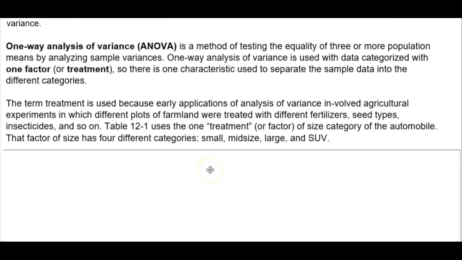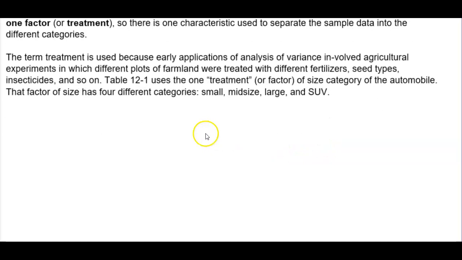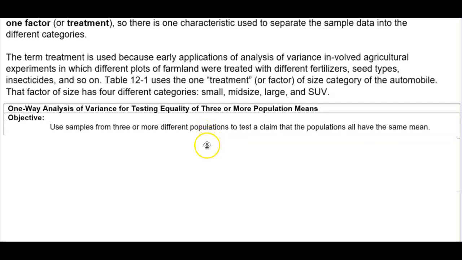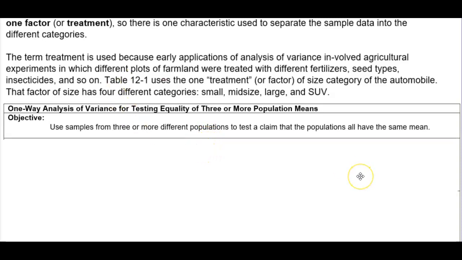The factor of size has four different categories: small, mid-size, large, and SUV, and we'll be using that for the first example. Now, here is the breakdown of the one-way analysis of variance for testing equality of three or more population means. The objective: use samples from three or more different populations to test a claim that the populations all have the same mean.